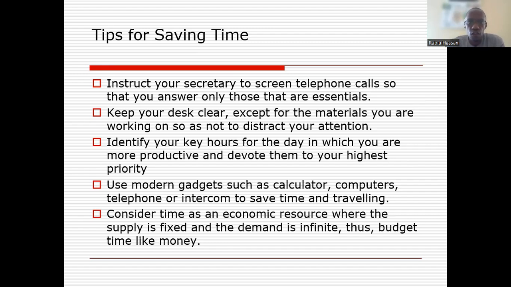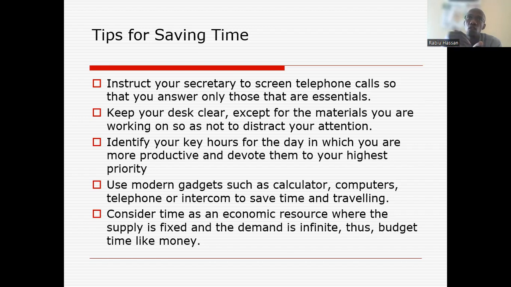Identify your key hours for the day in which you are more productive and devote them to your highest priority. So just like the scale of preference in economics, where you arrange your needs or wants in accordance to their importance, you also manage your time based on the importance of the activities.